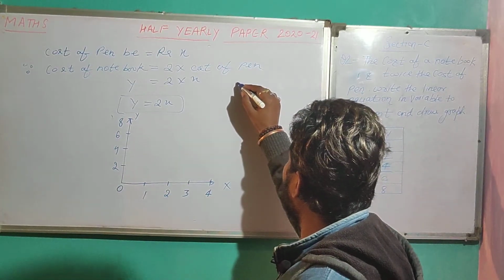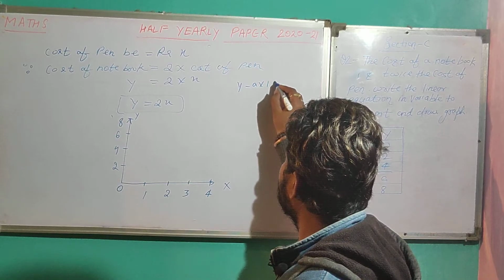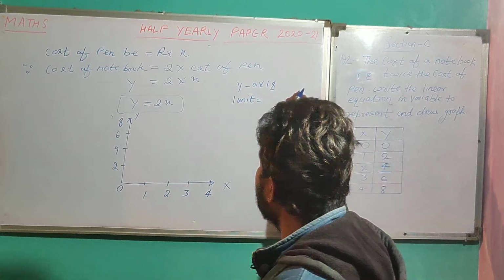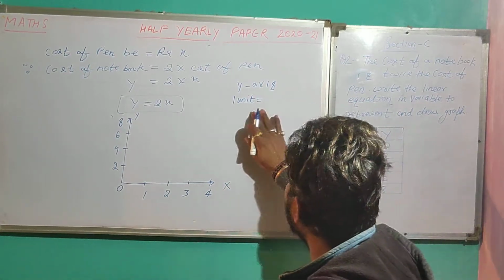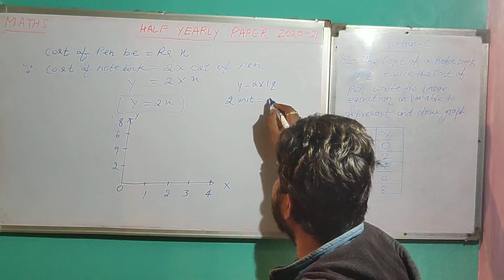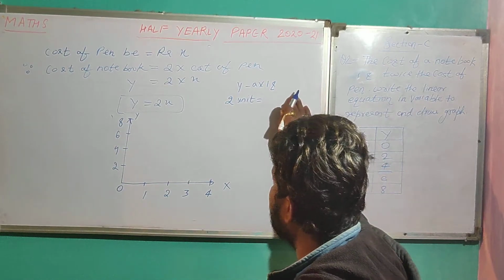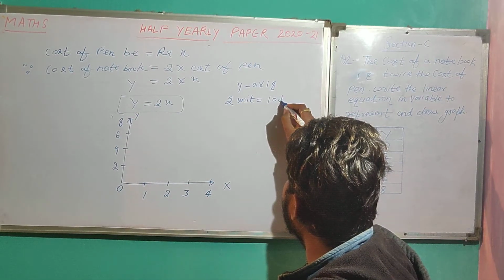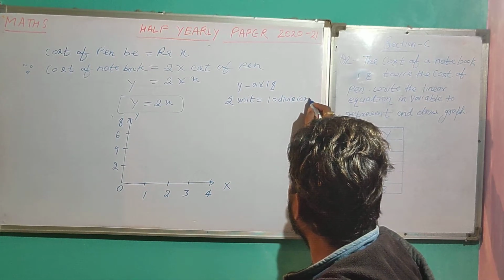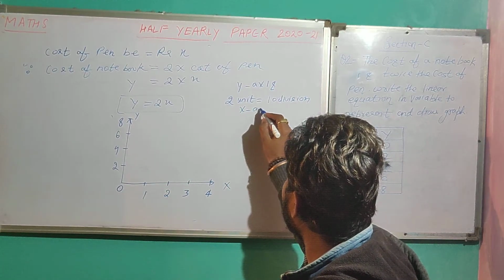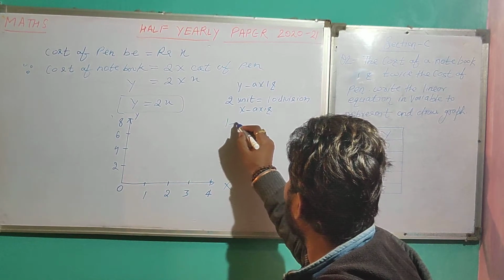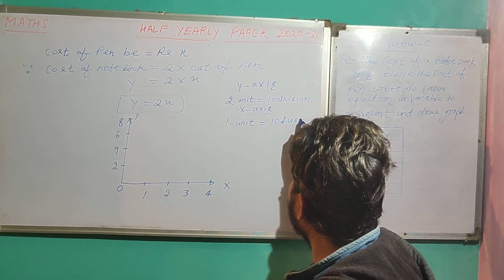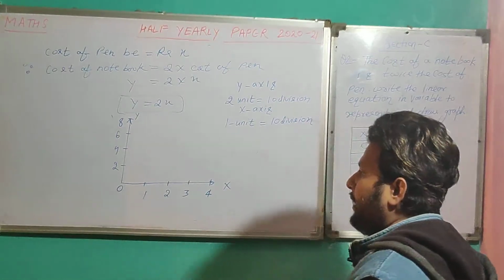One more thing, on the y-axis 2 units is equal to 10 divisions. On the x-axis 1 unit is equal to 10 divisions. Why am I telling you that?